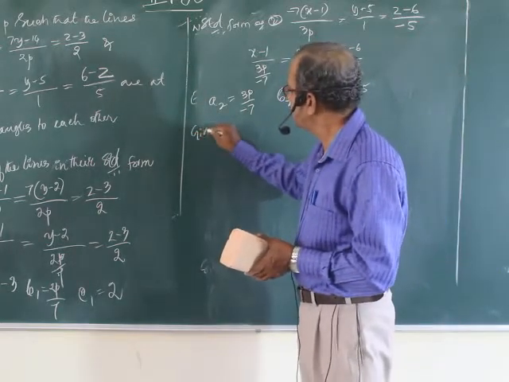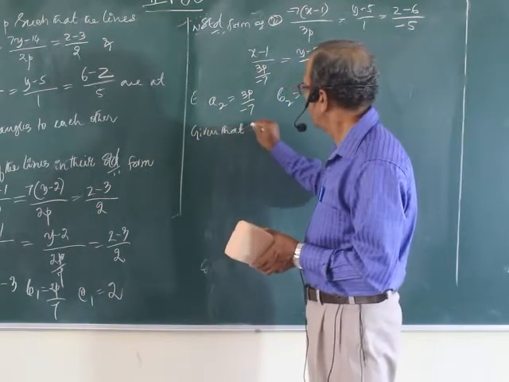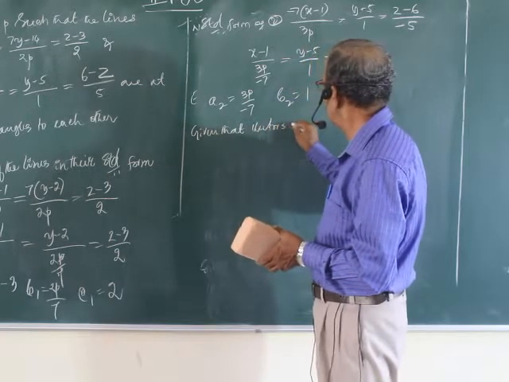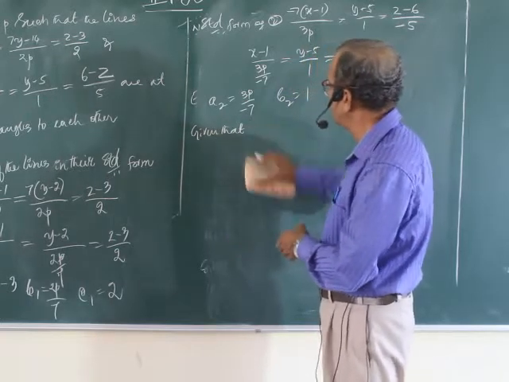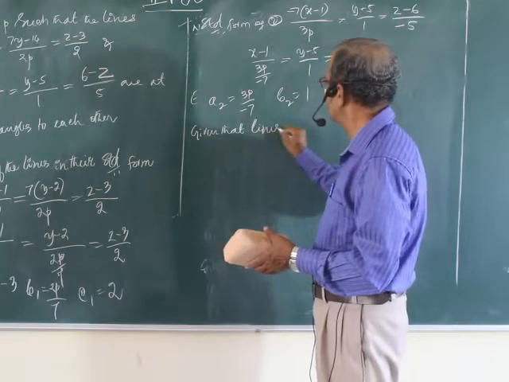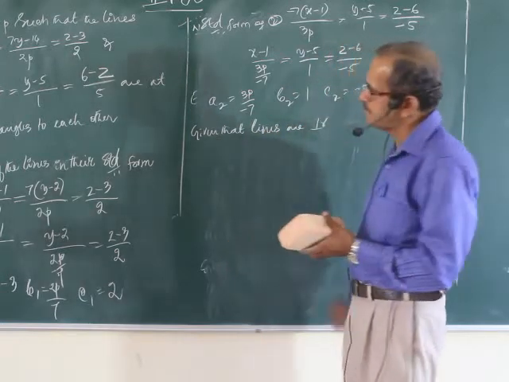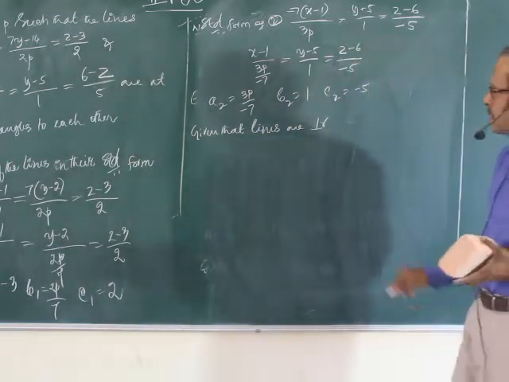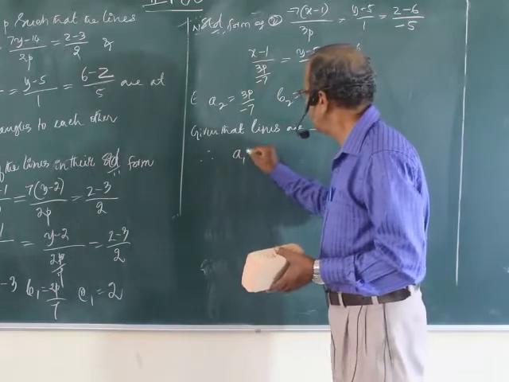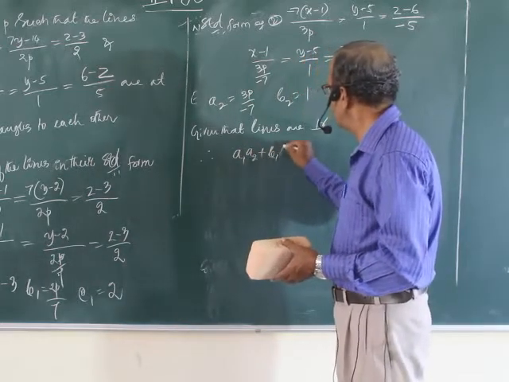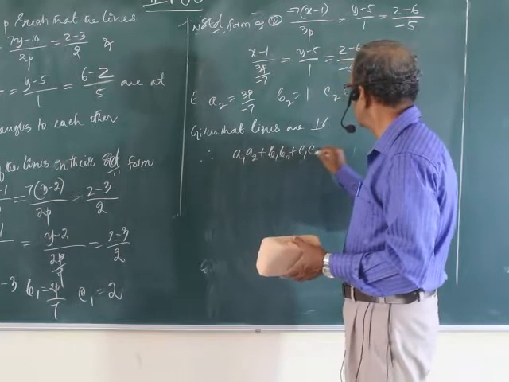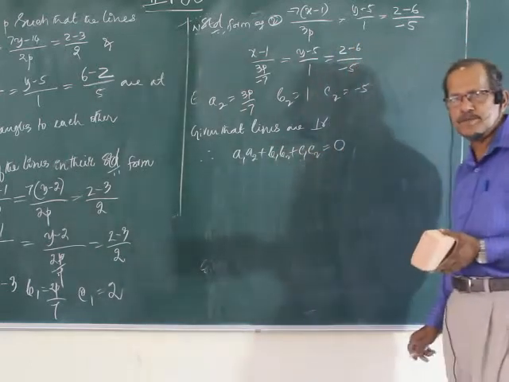Given that the lines are perpendicular, therefore a1 a2 plus b1 b2 plus c1 c2 should be equal to 0, no doubt.